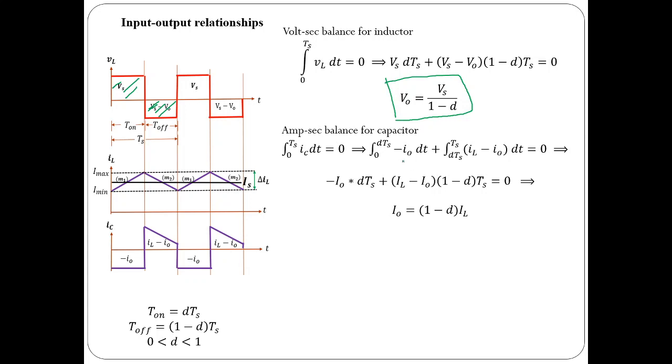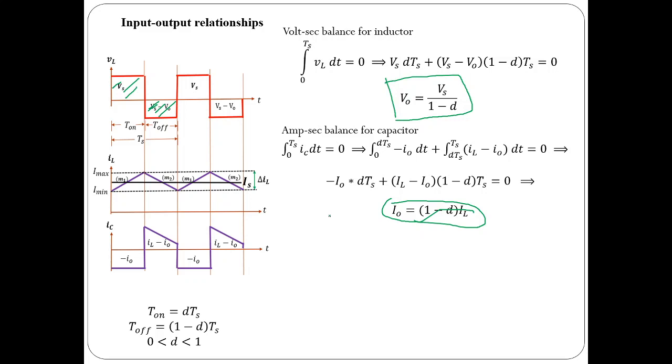Simplify it further and you will get this kind of relation. Please do verify: I naught is equal to 1 minus d into IL. So this is the relation between the output current and the inductor current.